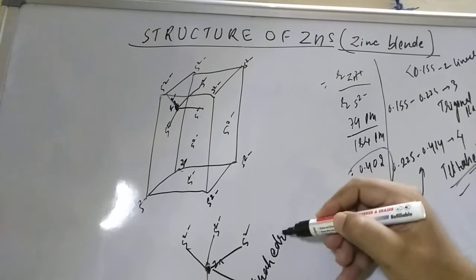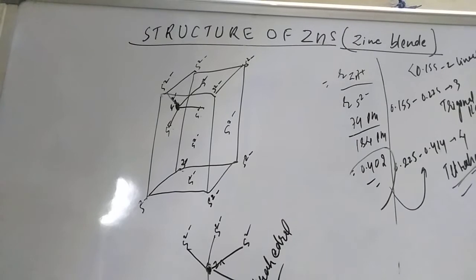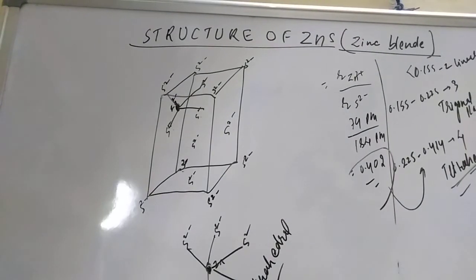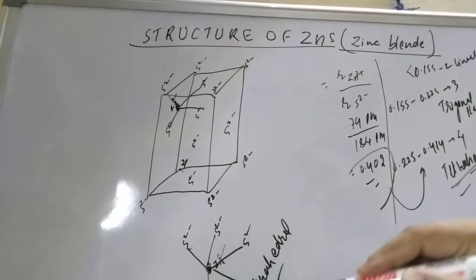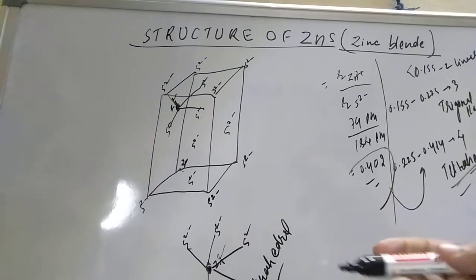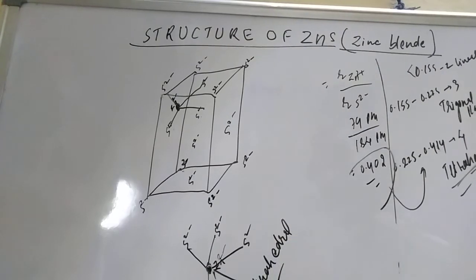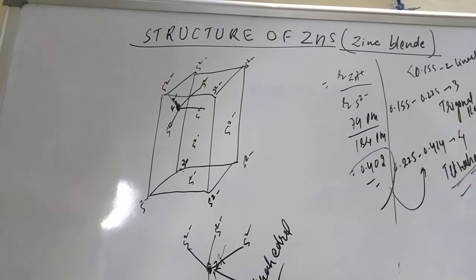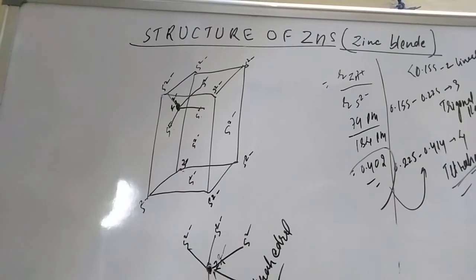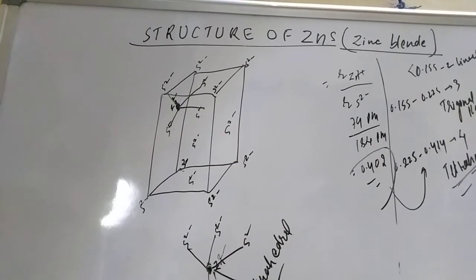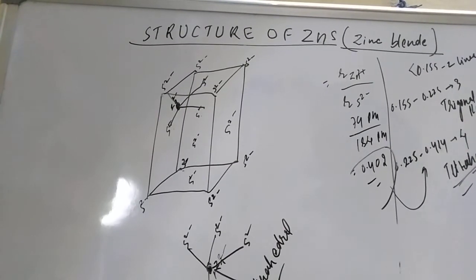And similarly Zn2+ is surrounded by 4 S2- ions, and similarly an S2- ion will also be surrounded by 4 Zn ions. Why? Because the ratio is 4:4.